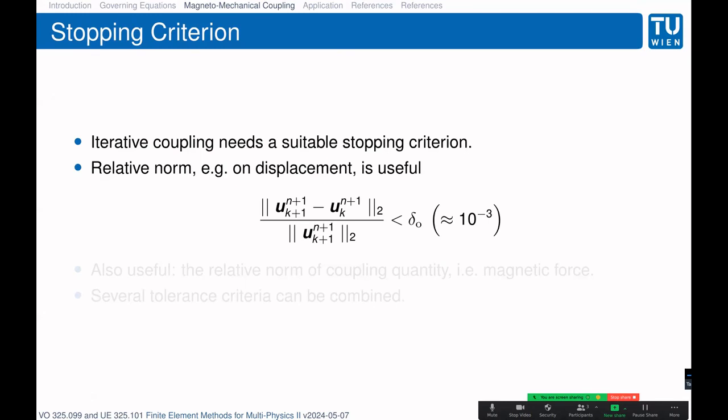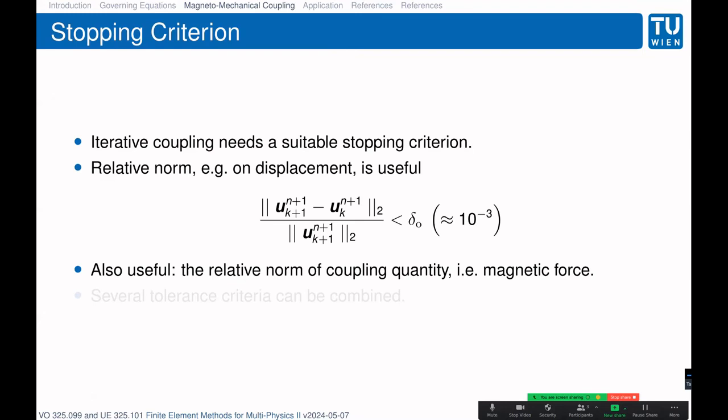And so you can say, okay, if the previous iteration and the current iteration, K plus 1 minus K, they are small in comparison to the current iteration, I haven't updated a lot the displacement, so this is probably converged. So you need some delta here to compare to.